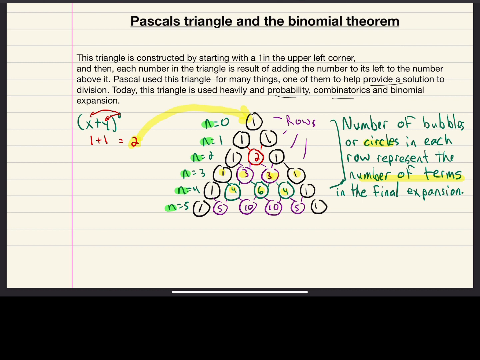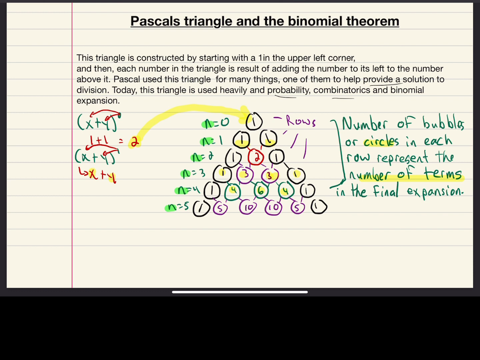If I look at 1, so let's say I put something to the degree, same binomial, but to the degree of 1, well, that 1 would apply to everything here, and it would simplify to x plus y. And like Pascal's triangle suggests, there are 2 terms in the final expansion of a binomial that has a degree of 1.